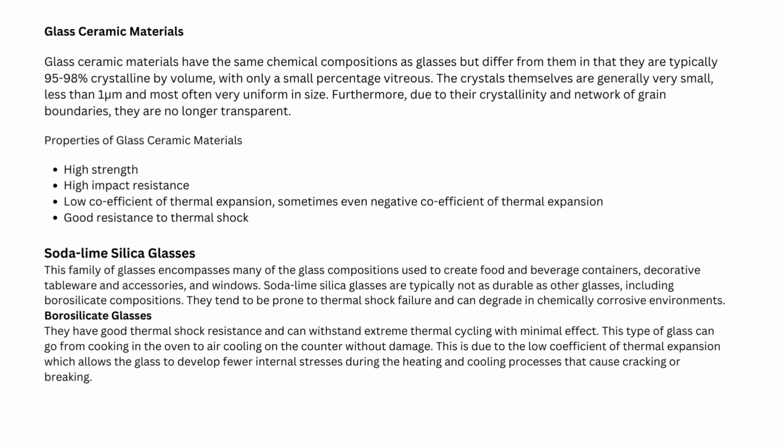Borosilicate glasses have good thermal shock resistance and can withstand extreme thermal cycling with minimal effect. But soda-lime silica glasses are typically not as durable as other glasses, including borosilicate composition. They tend to be prone to thermal shock failure and can degrade in chemically corrosive environments.